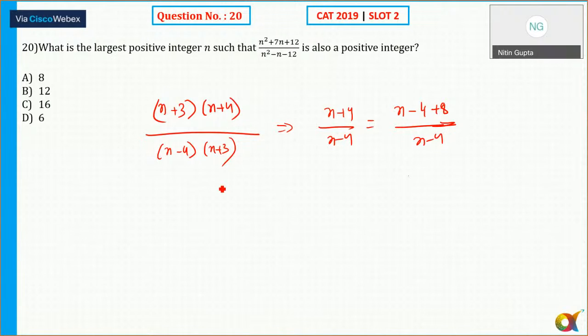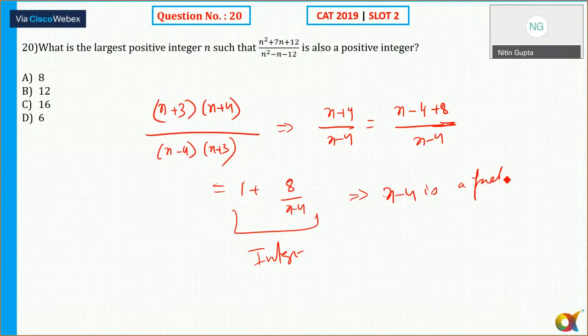So that will be equal to 1 plus 8 upon n minus 4, which means what? That n minus 4 is a factor of 8. And the question is, what is the largest possible value of n? So n minus 4's largest possible factor is 8.